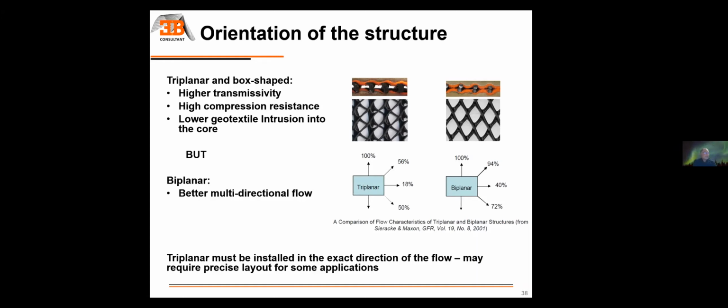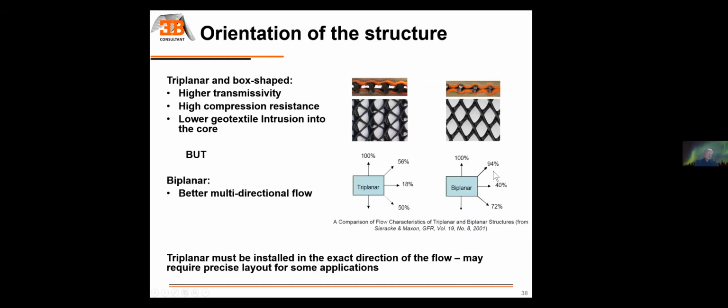On a project which was published in the early 2000s, some publications show that it's less than 20% of the flow that goes perpendicular to the ribs for a triplanar geocomposite, while with a biplanar geocomposite, you still have almost 40%, so that makes a big difference.